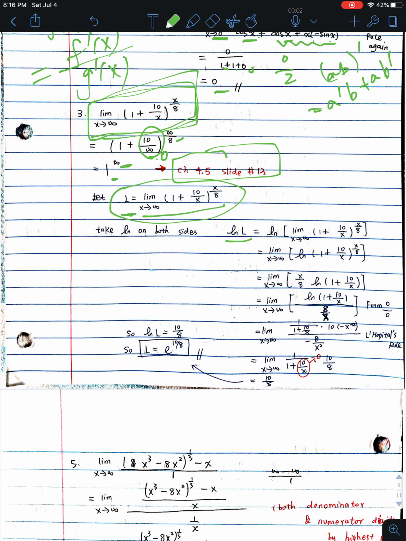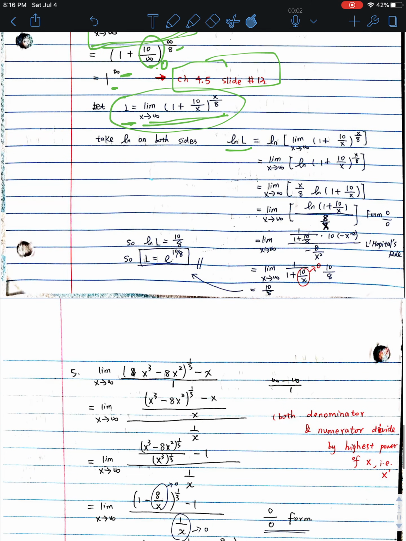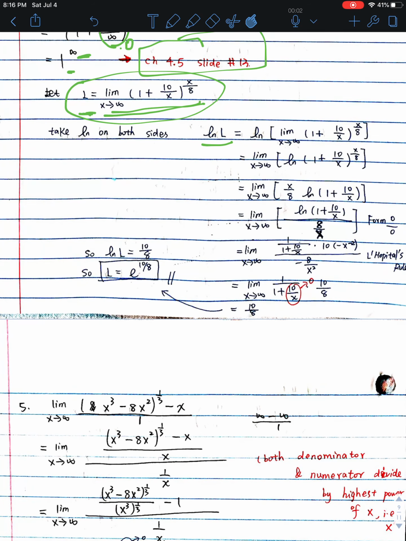So log L on the left side, then log of the limit on the right side. Because the log function is continuous, we can swap the limit and the log term, putting the limit outside and the log inside.